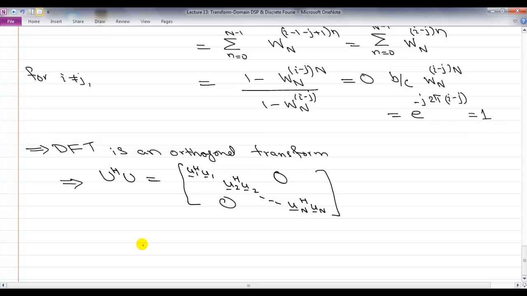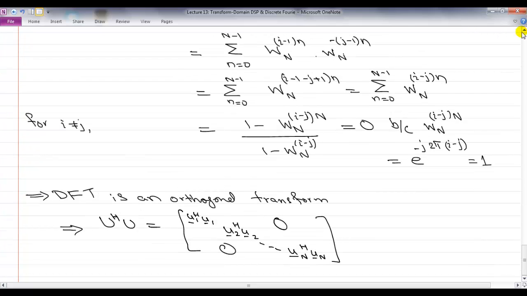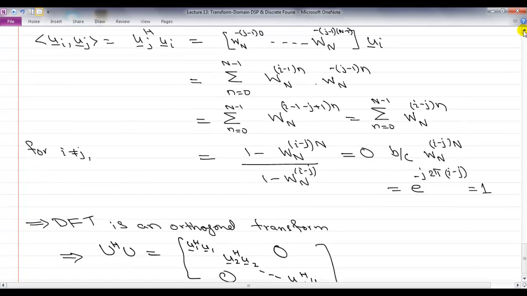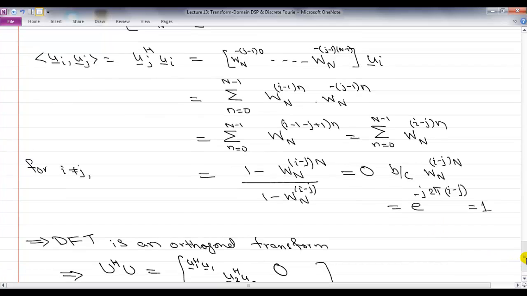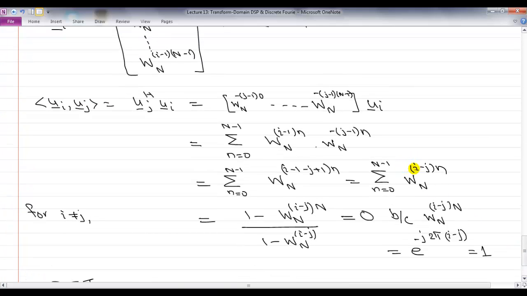Well, in that case, we just come back to this equation, and instead of i minus j, now we want to compute the inner product of two columns when both the indices are the same. I can do the same exact thing.